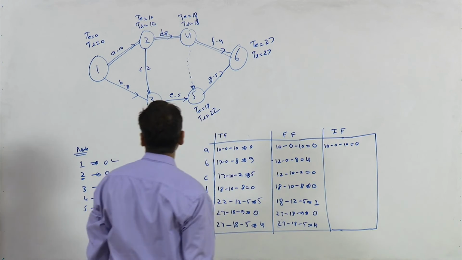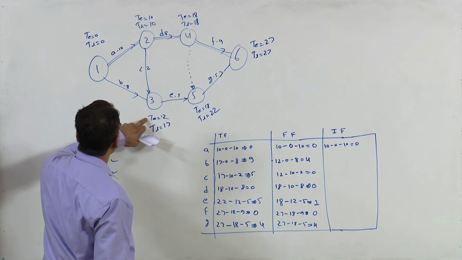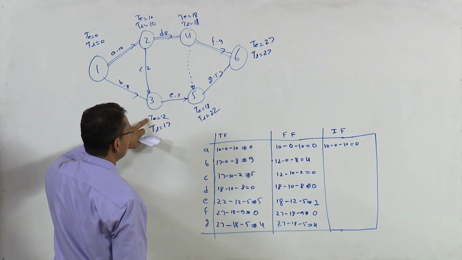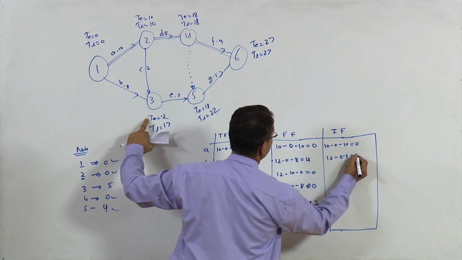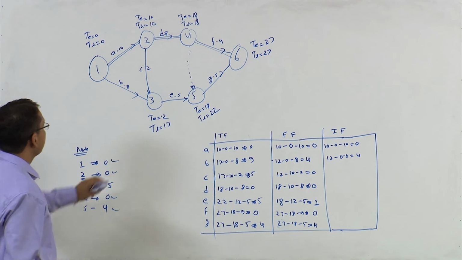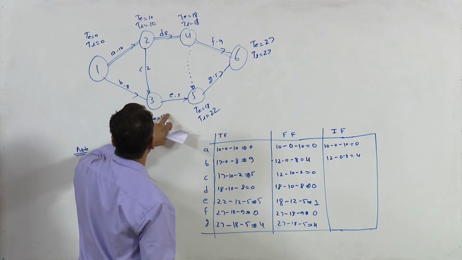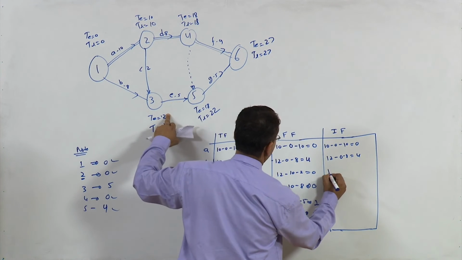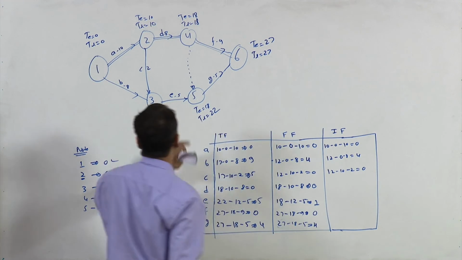For B, TE minus TL, so 12 minus 0 minus 8, this is 4. For activity C, TE minus TL, so 12 minus 10 minus 2, this is 0.